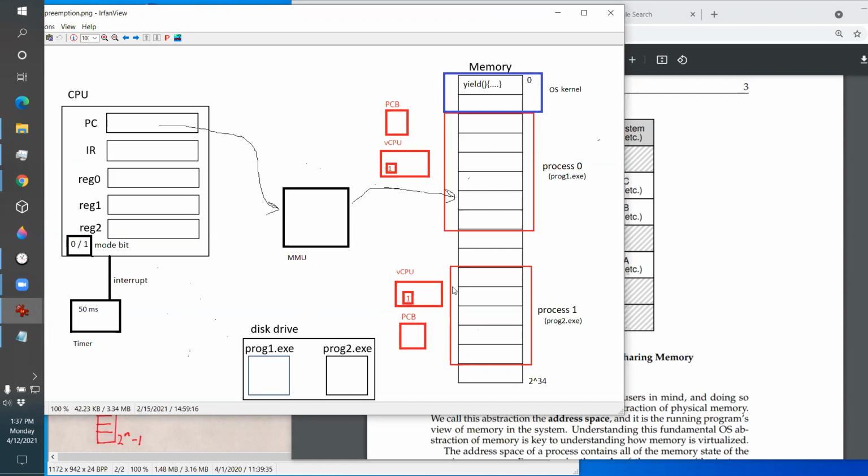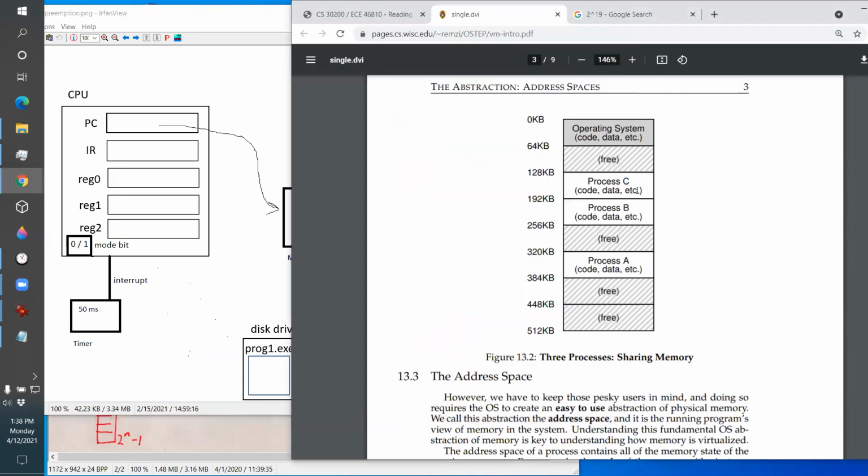Then if you move this process, you may have to update the addresses within here, because a variable at this address will now be at a different address. People did it in the 60s. They wrote it so that when you moved a program from here down to here, you would rewrite the code essentially as you moved it. But that just wastes CPU time. People wanted a design that was better than that.